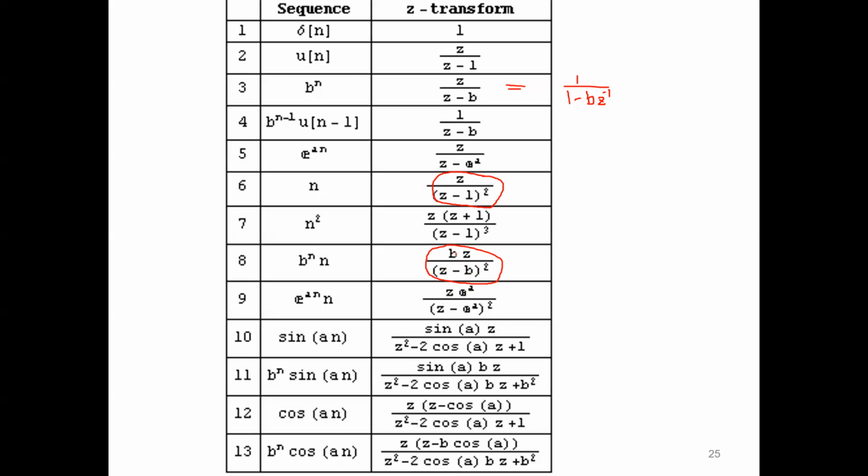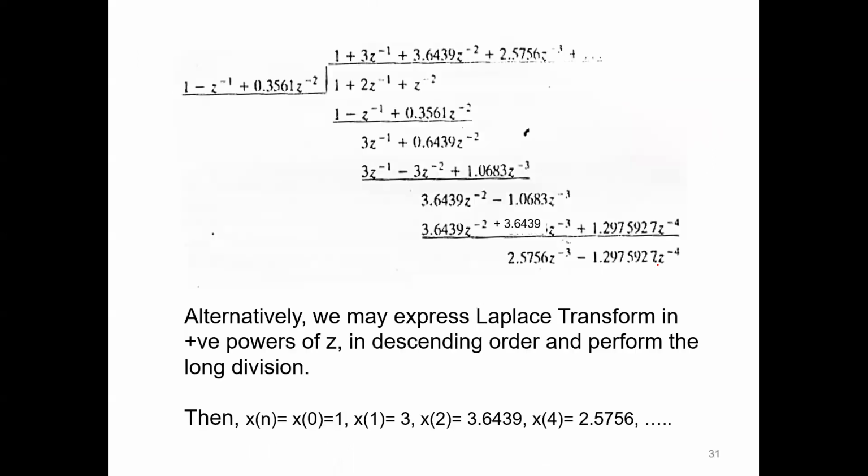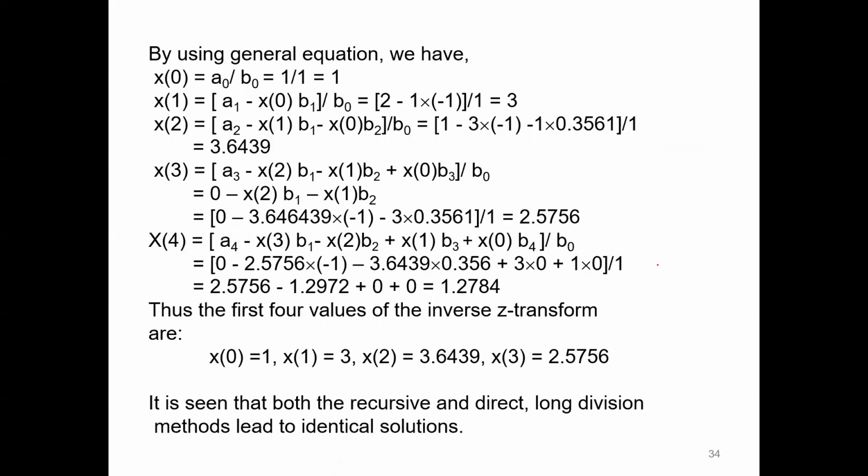B is just a constant. You can bring it forward over here. It doesn't matter, right? So when you see z over z minus a constant raised to the power 2, it is that number raised to the power n in the time domain. Okay. So let us go back to where we came from.